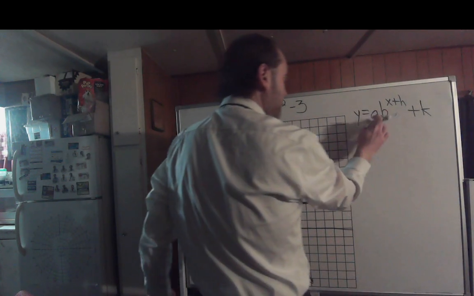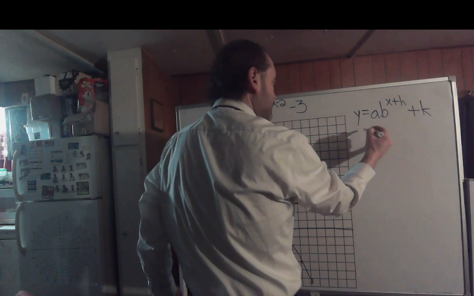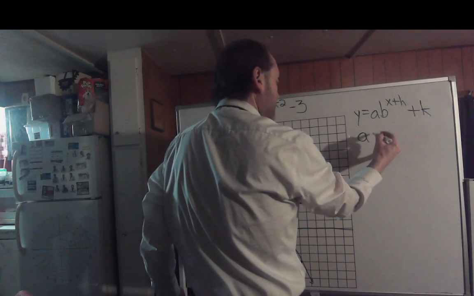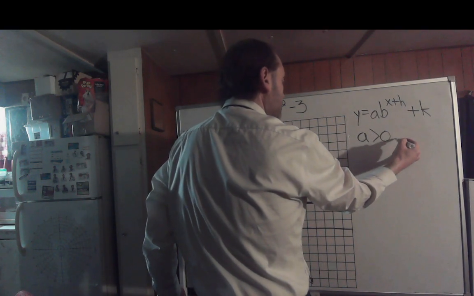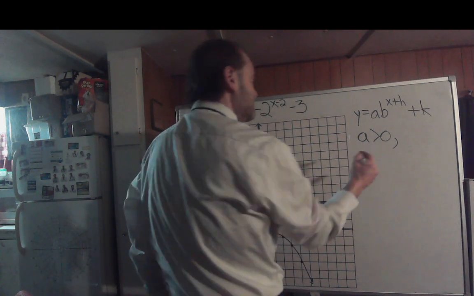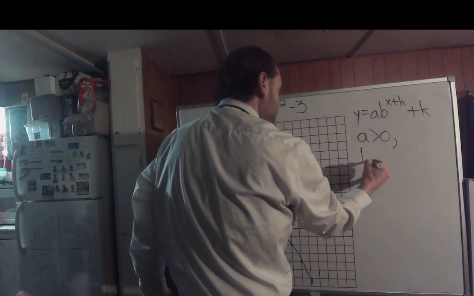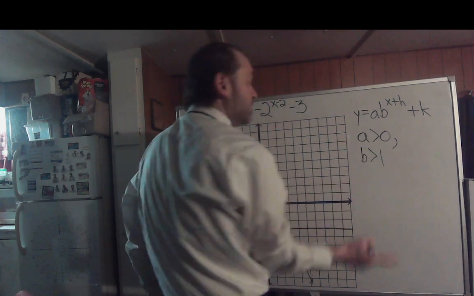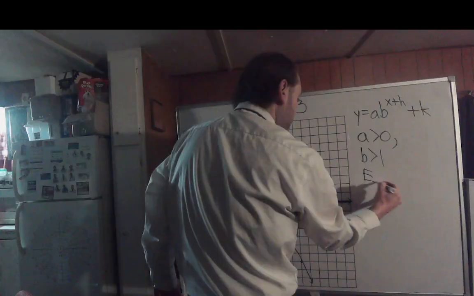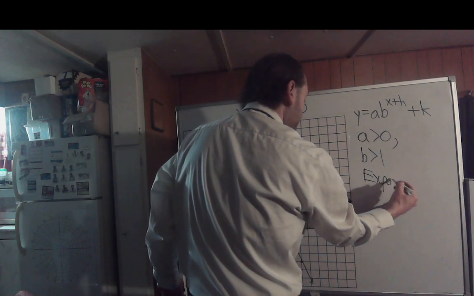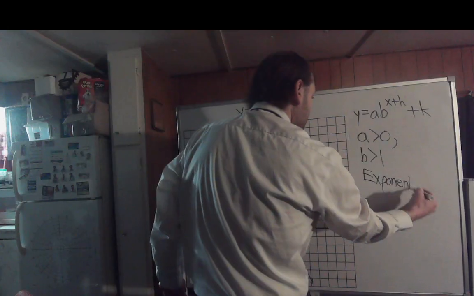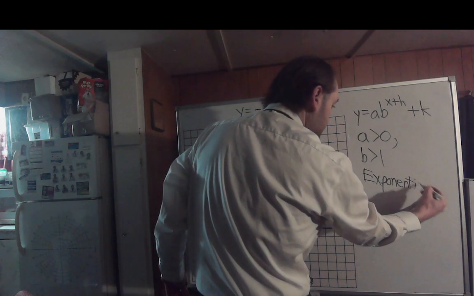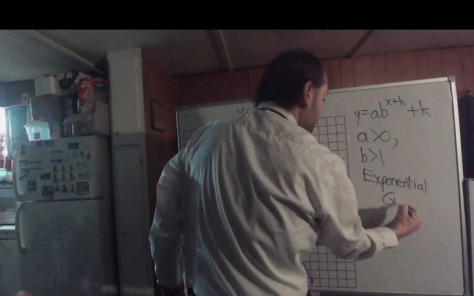So if your constant that you're multiplying this by is greater than 0, and that base is greater than 1, you have exponential growth. That is exponential growth.